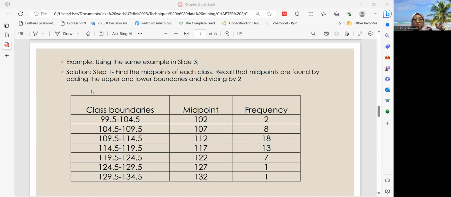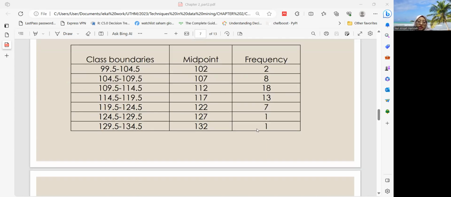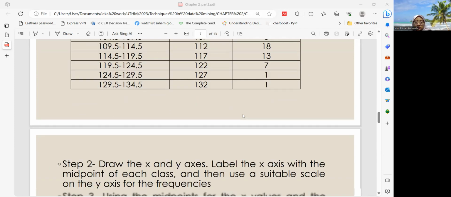So ingat lagi tak macam mana nak cari midpoint? Kita dah cover benda tu in the previous class. So recall that midpoints are found by adding the upper and lower boundaries and dividing by 2. So awak dapatlah dia punya midpoint. Perbezaannya ialah dia kat bahagian x-axis tersebutlah.